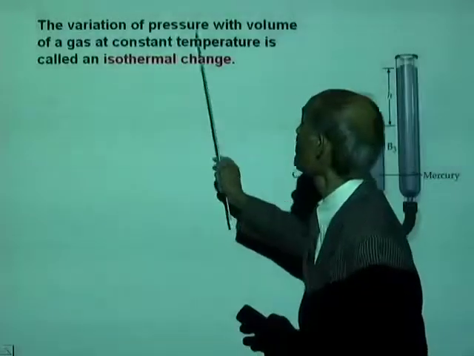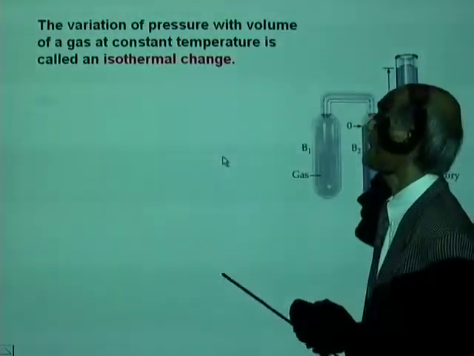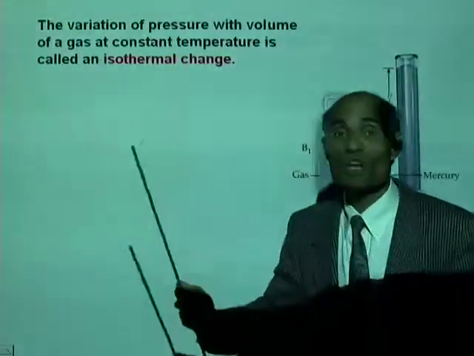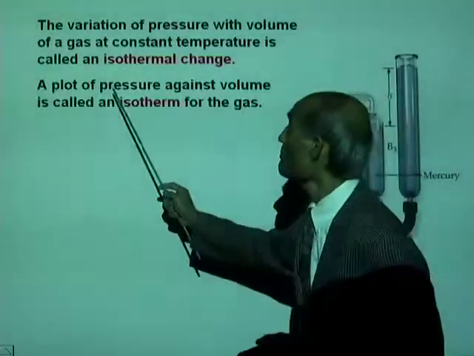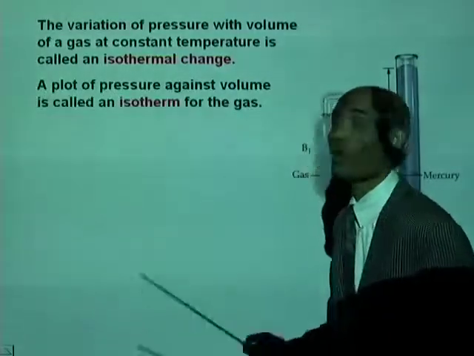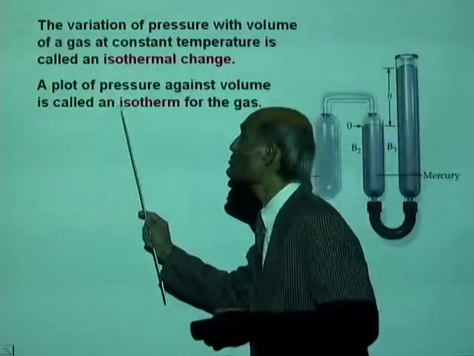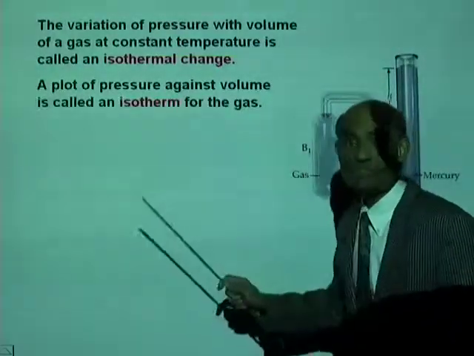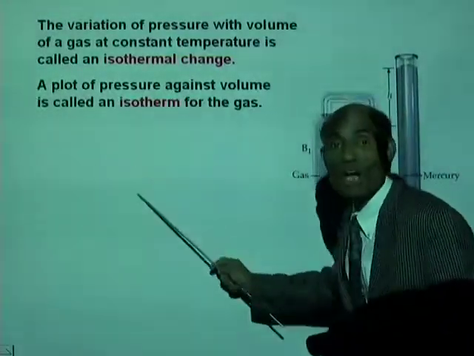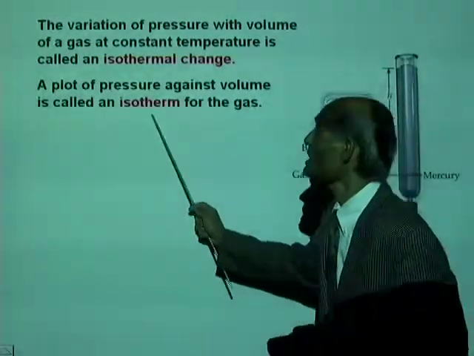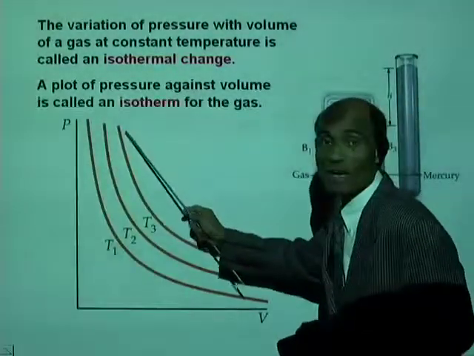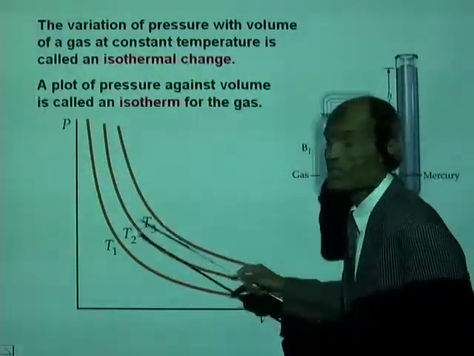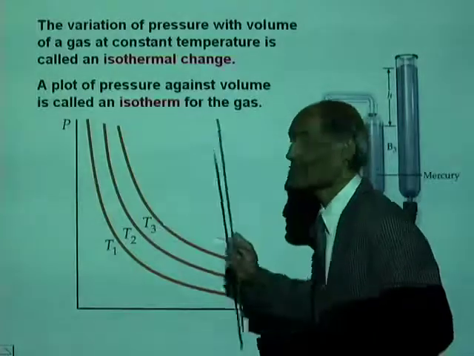Now the variation of pressure with volume of a gas at constant temperature is called an isothermal change. A plot of pressure against volume therefore is called an isotherm. If you can now obtain a graph of pressure against volume, that curve will be called an isotherm. Now here I have the isotherms for a particular substance at 3 different temperatures.